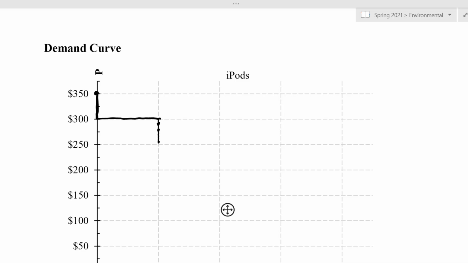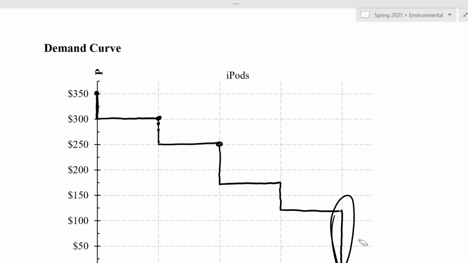And at $250, Anthony is willing to jump in. So the quantity demanded in the market is 2. All right, Anthony's in until $175, when Chad pops in, quantity demanded of 3. At $125, John pops in. And everybody's in for a quantity demanded of 4 at every price up to $125.